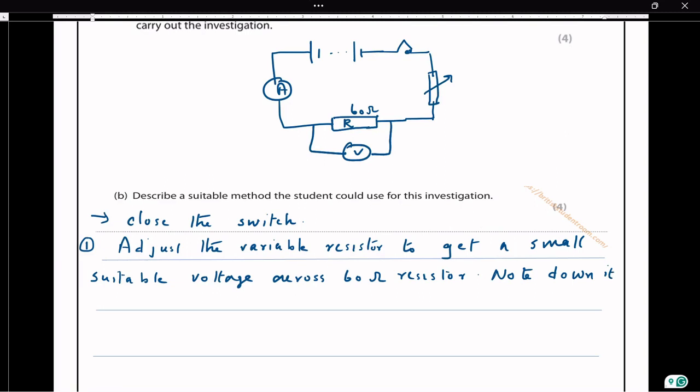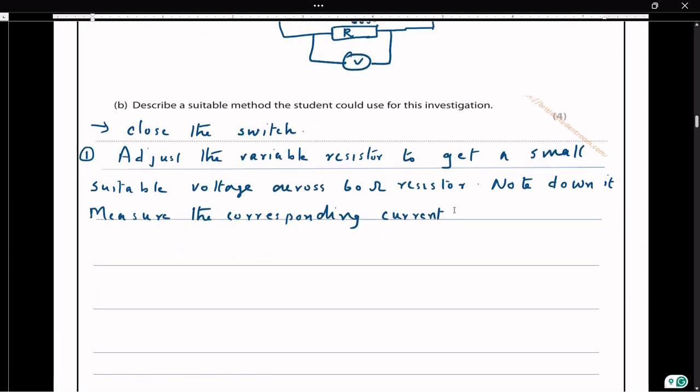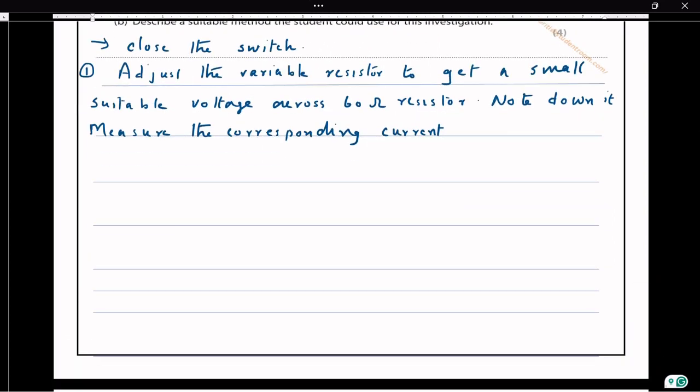Note it down, and measure the corresponding current. Then, to improve accuracy, do this current measurement another 2 to 3 times and take the average.